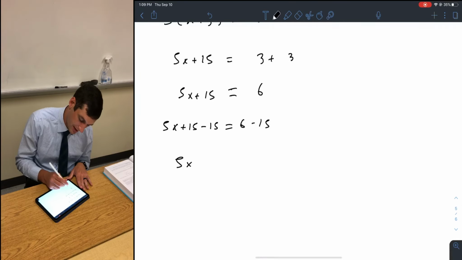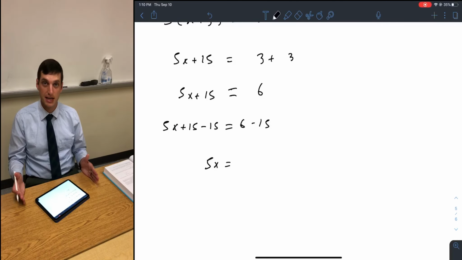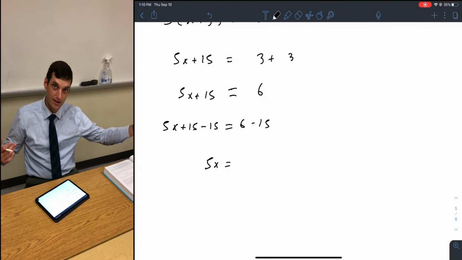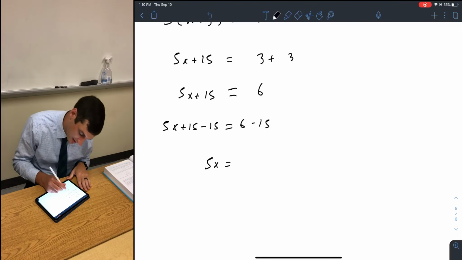I get 5x is equal to 6 minus 15. We're going now into the negatives. So 6 minus 15 is minus 11.